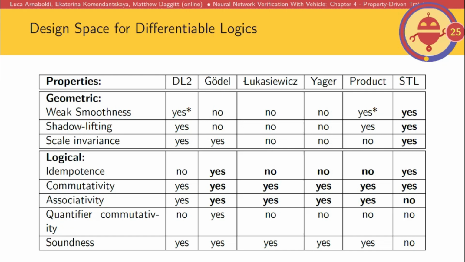So it does matter which logic you choose. This is just more or less a quick detour saying that you need to be somewhat mindful which logic you choose, and Vehicle implements them all. So for Vehicle, it's very easy to just give the user a choice. We at the moment don't make any preference. We just say the user will tell me for which logic I want to compile the loss function.